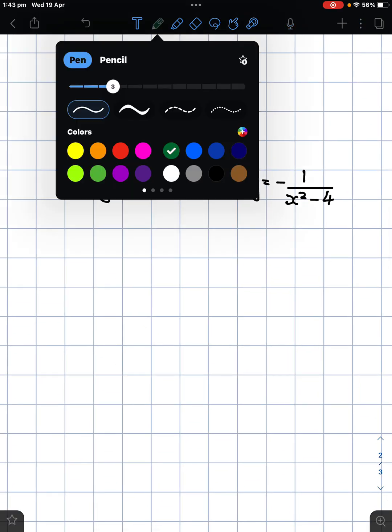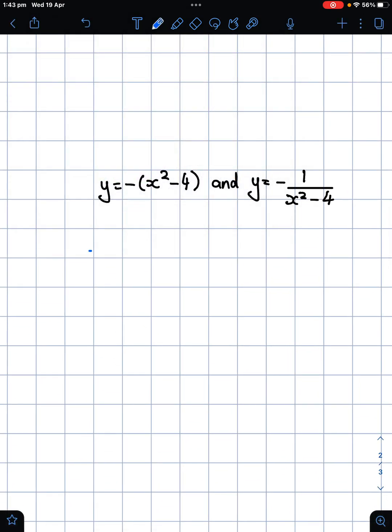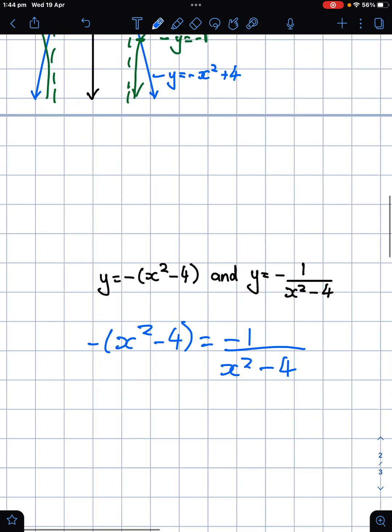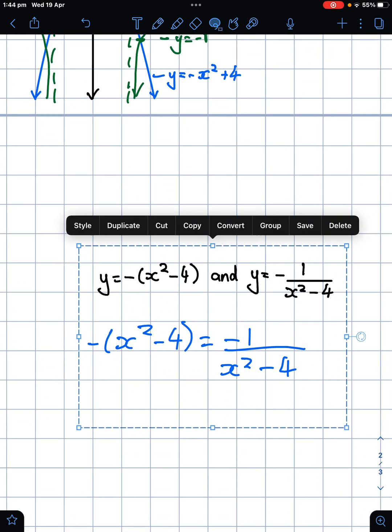It's interesting to think when they intersect, we've got negative x squared minus 4 equals, we're looking at the y values that equal the same. X squared minus 4. I'll leave that. I'm having a mental blank at the moment. I will come back to this.